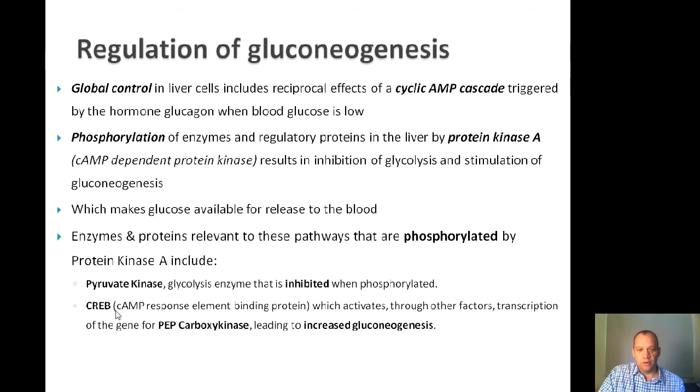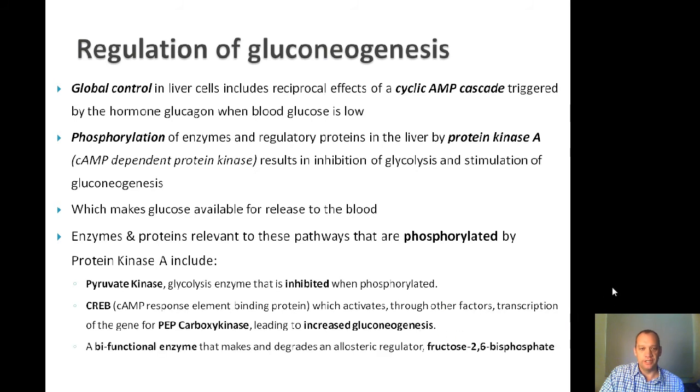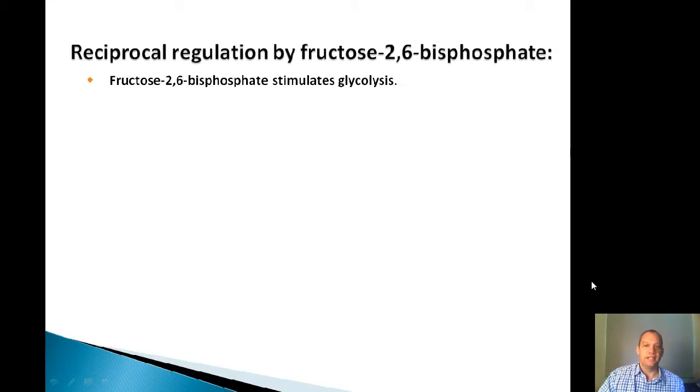A protein called CREB, or cAMP response element binding protein, is a type of transcription factor which activates through other factors the transcription of the gene PEP carboxykinase, one of the bypass steps in gluconeogenesis, of course, and that leads to the increased level of gluconeogenesis. And then a bifunctional enzyme that makes and degrades an allosteric regulator, fructose 2,6-bisphosphate, is also phosphorylated, and we will see what effect that has.